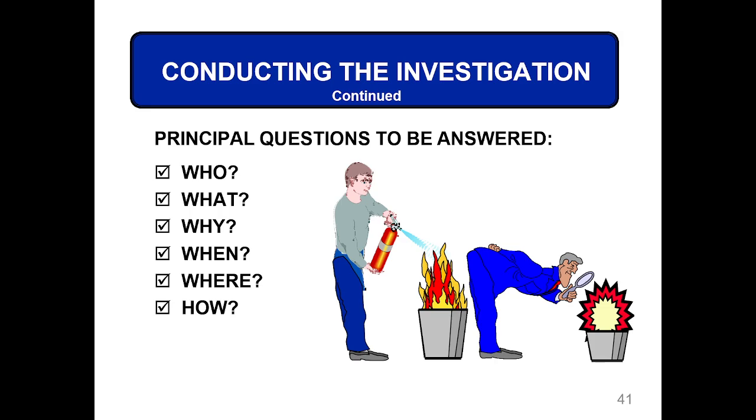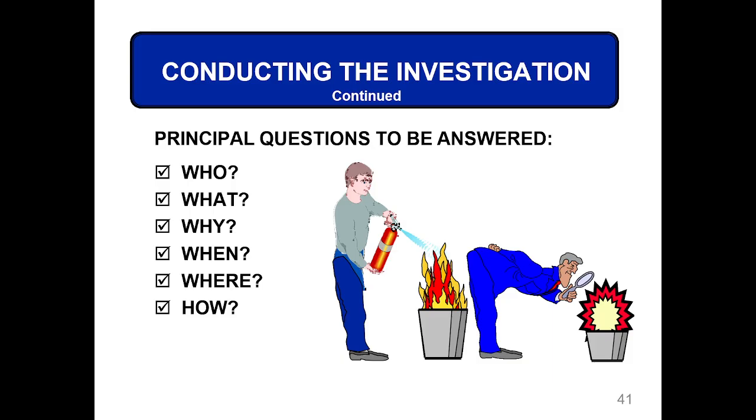For root cause analysis, you ask specific principal questions, and specific answers to each question must be given. These questions start with the who, what, why, when, where, and how.